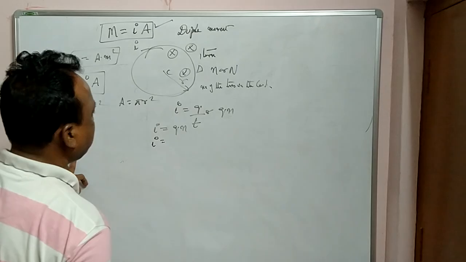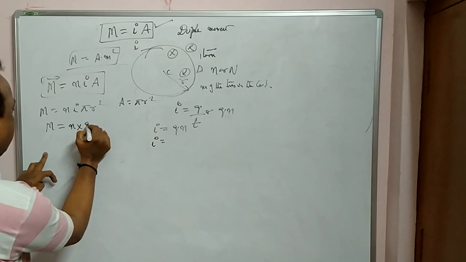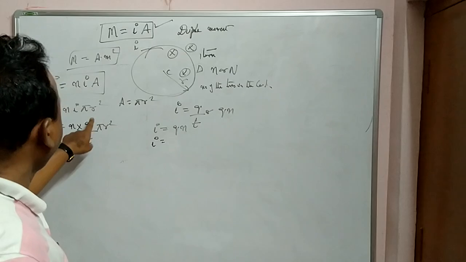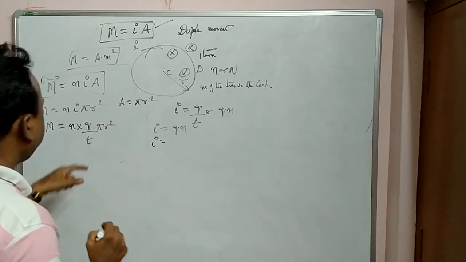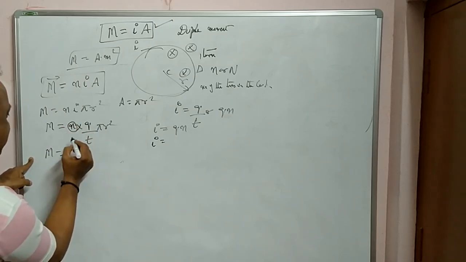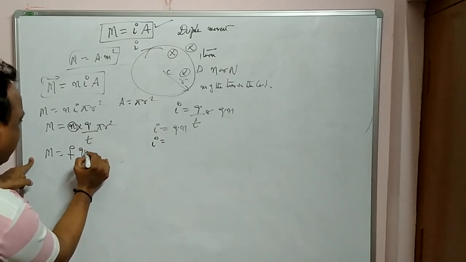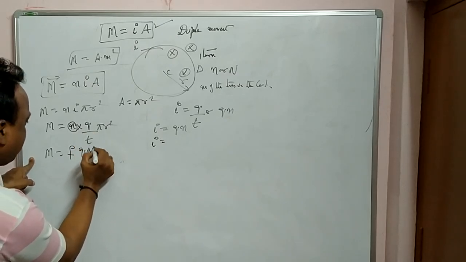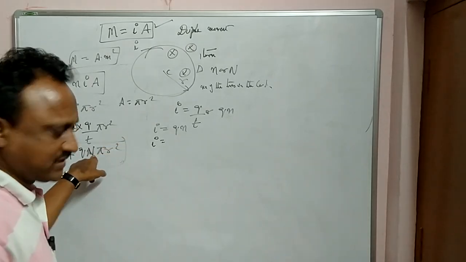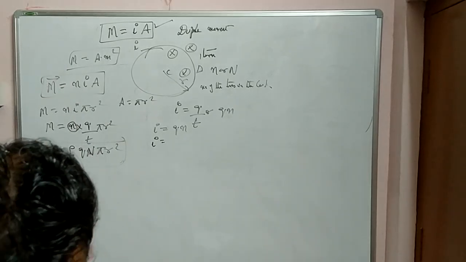From this, I is equal to Q by T. I is equal to Q by T, so N into Q by T into pi r square, or 1 by T, again time, frequency. So don't get confused. Let us use F for frequency, Q for charge, and capital N for the number of turns, pi r square. So F is frequency, Q is charge, N is number of turns, pi r square is area. Okay? Clear? So finally see how this formula changes.